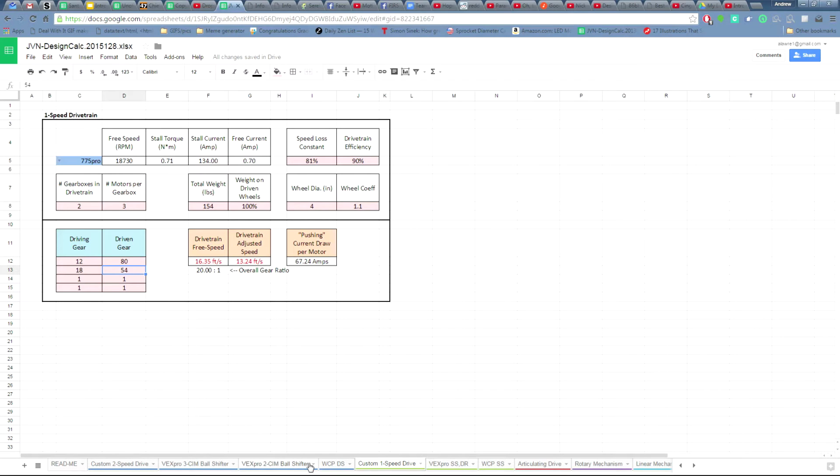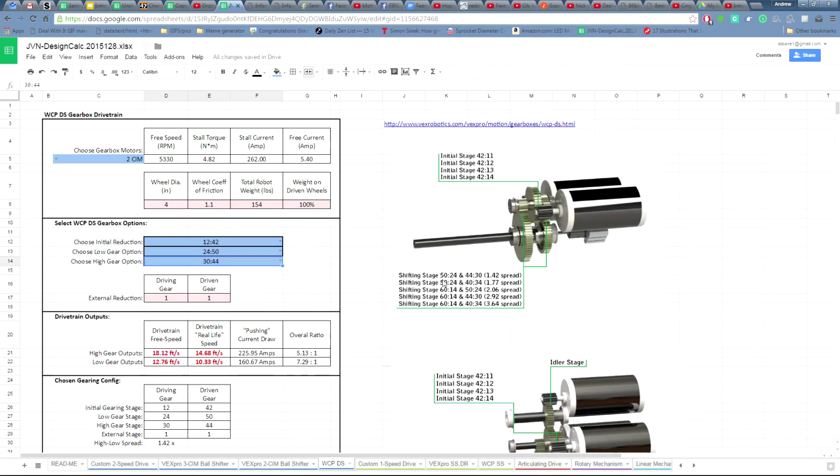Just in case someone's actually confused about what I'm saying by stages, if I go back to the DS picture, you can see over here that the gears from the sim are connected to that big gear in the middle, so that's going to be your first stage. So that's your initial stage. It's going to be 11, 12, 13 to 14 to 42. And all that's saying is that first stage is from your motor to the first gear it connects to, whatever gear that is.